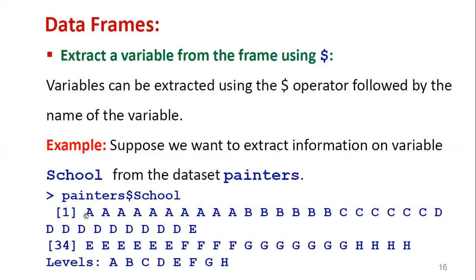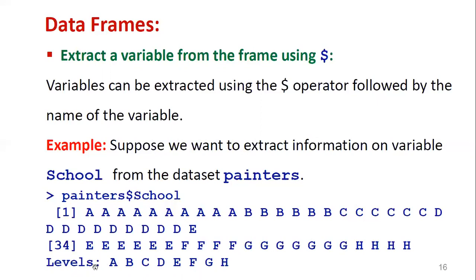So first all the A's are at one place, 10 A's are there, then 6 B's, then 6 C's, then 10 D's. Like this, in order, all the similar factors are grouped.